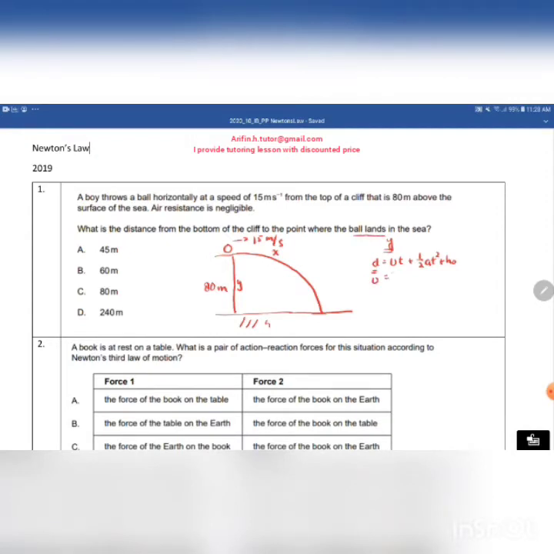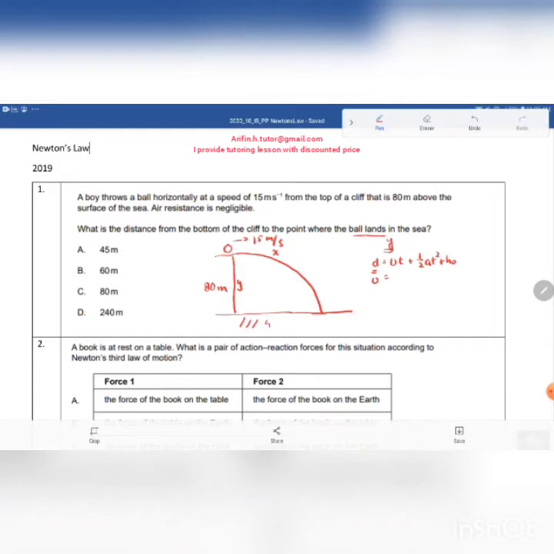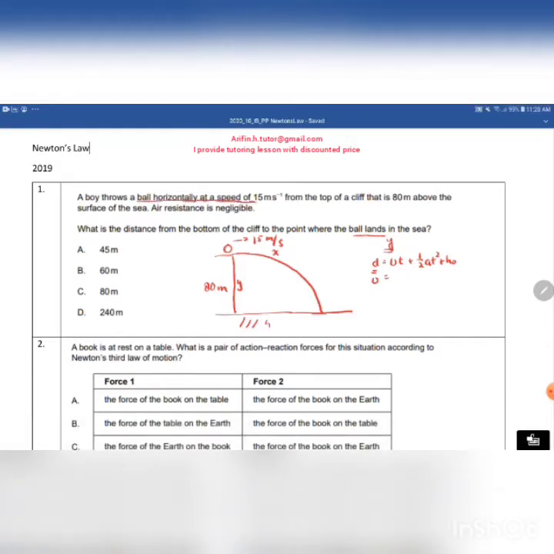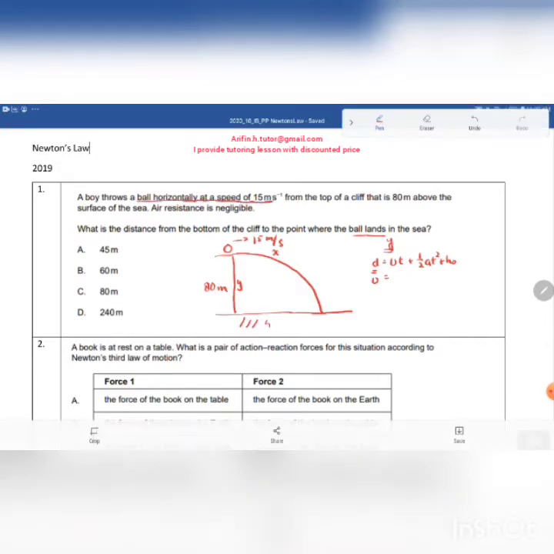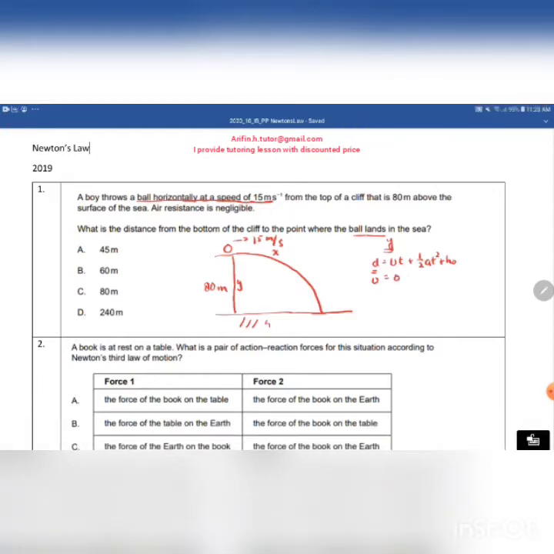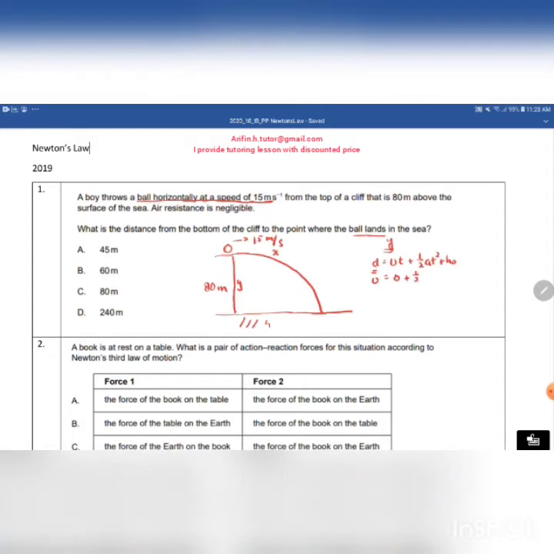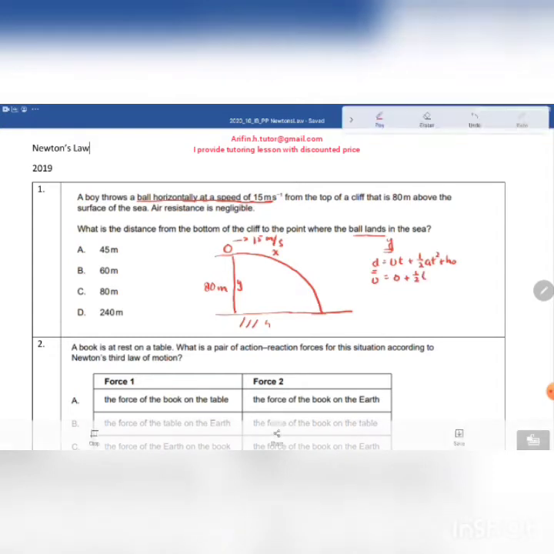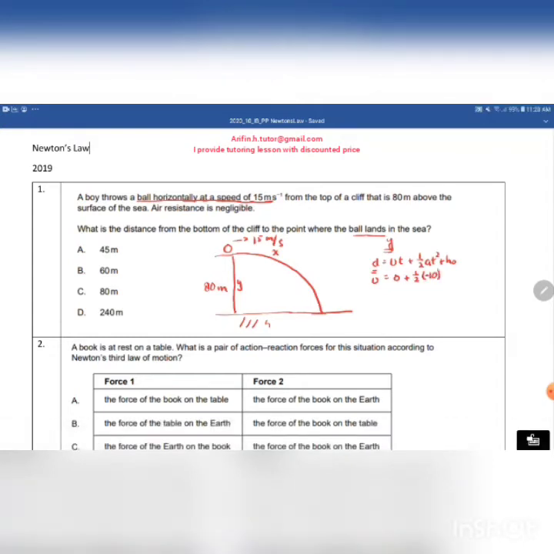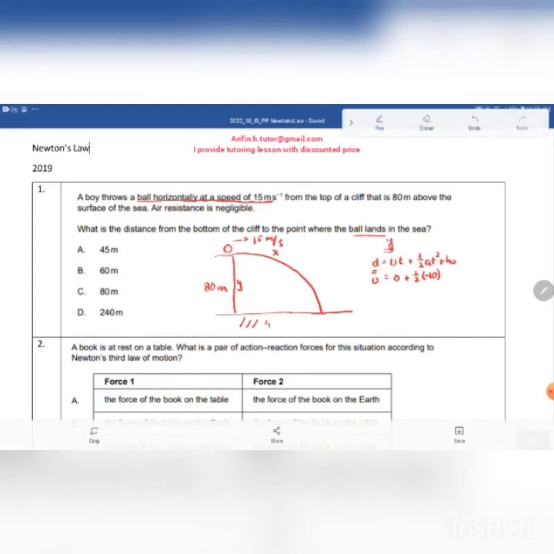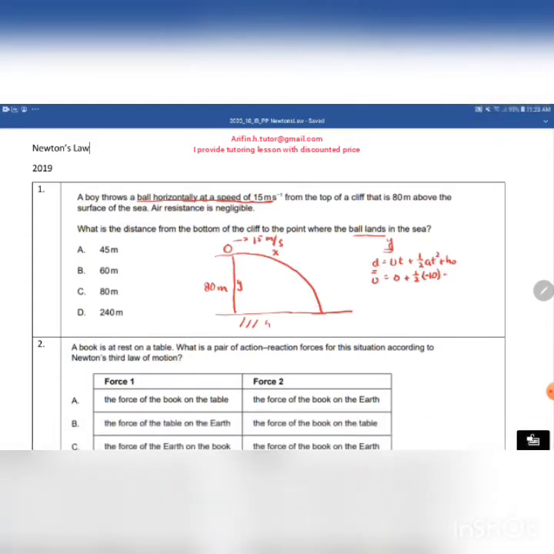And u is what? Because the ball is thrown horizontally at a speed of 15 meters per second, it means the initial vertical speed is 0. And then plus 1/2, that a, I put it minus 10. Why minus 10? Because the direction is going down. And then plus h0. h0 is 80 meters.